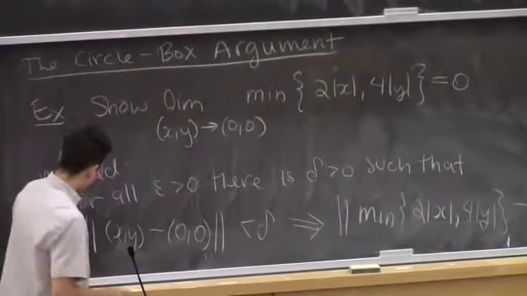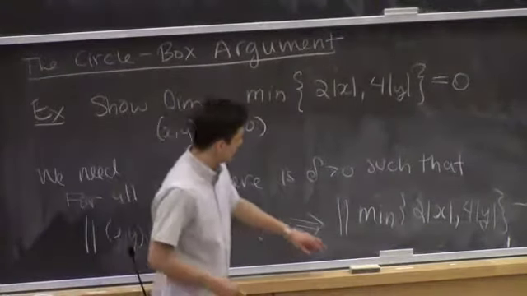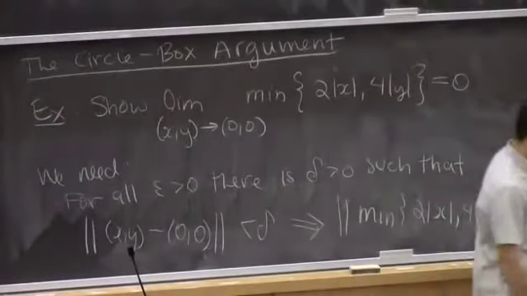So we've got our inputs are less than delta, and our outputs are less than epsilon.